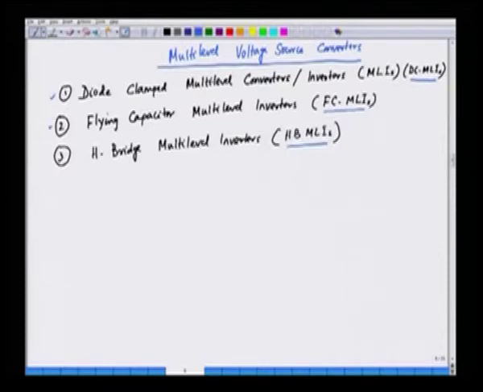Now, let us look at the H-bridge multi-level inverter, the third category.